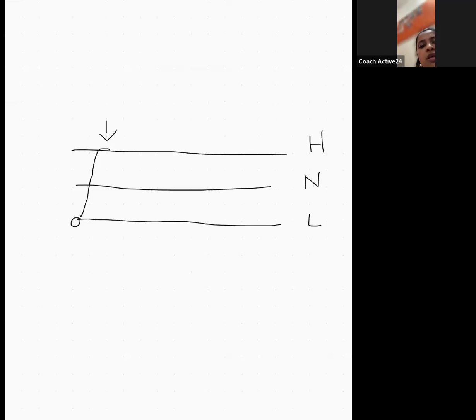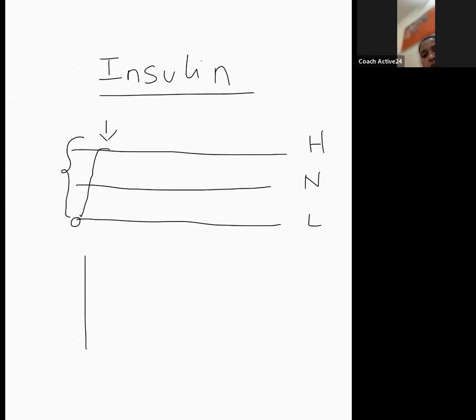Okay, insulin is released. So when insulin is released, the sugar that you have over here gets converted into fats and muscles. It means it is stored as fat.